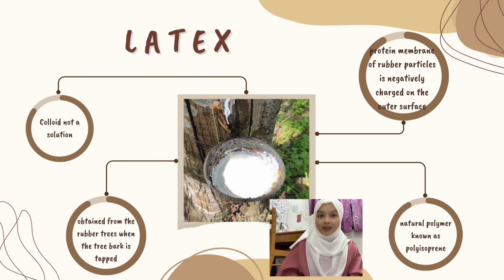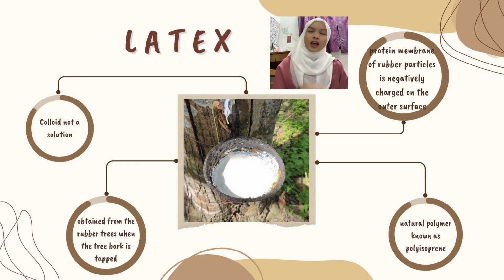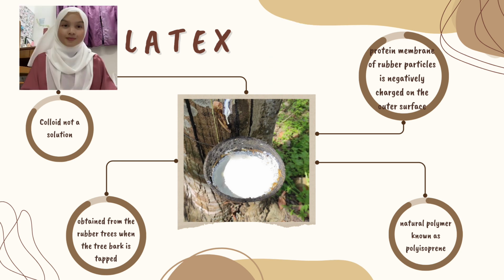As you can see here, this is the latex that is obtained from the rubber trees when the tree bark is tapped. Have you ever thought why the form of latex is liquid? Because the protein membrane of rubber particles is negatively charged on the outer surface.